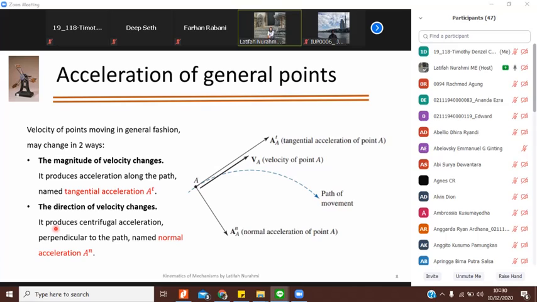Now let's move on to the accelerations of general points. Suppose we have a point A. Please take a look at the figure on the right. I will tell you later on.